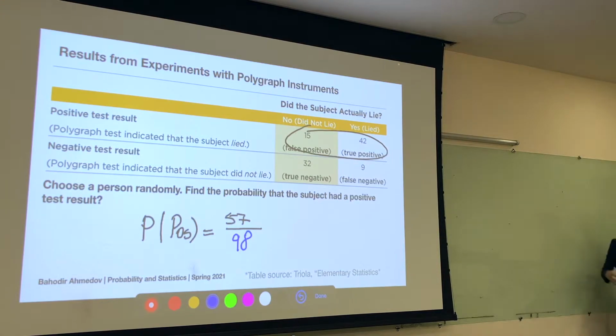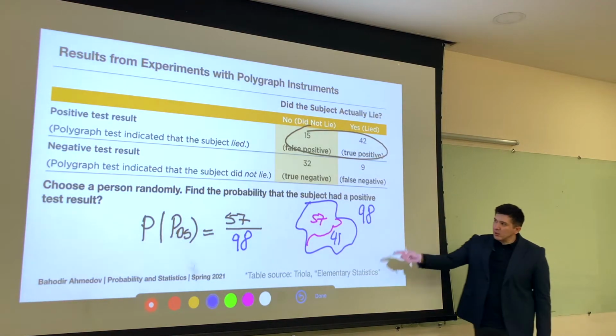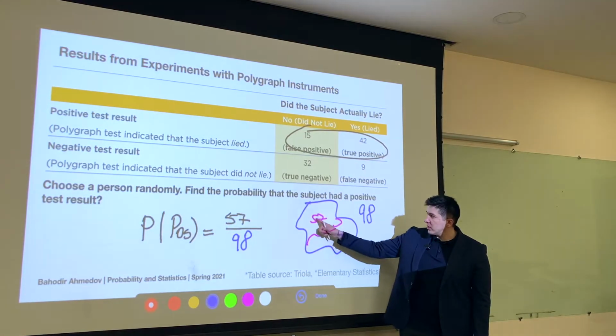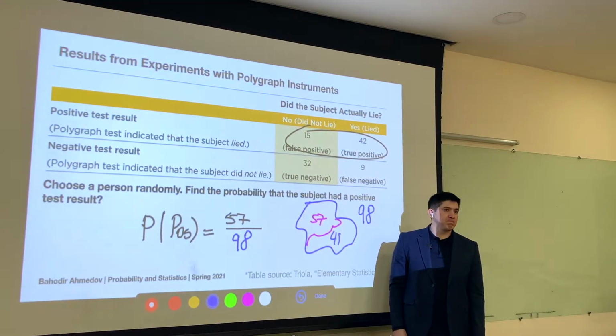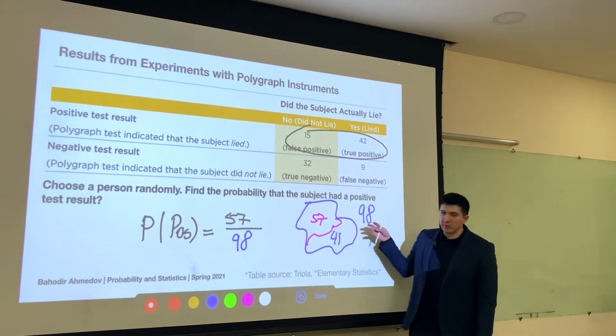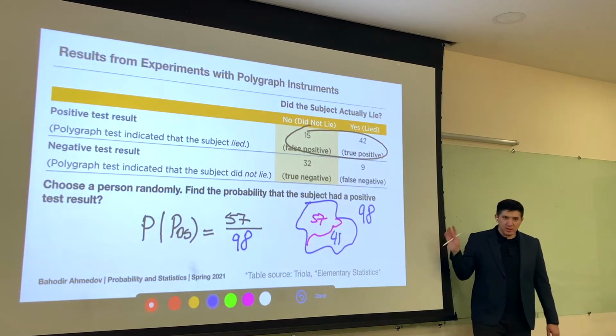So there are 98 persons who passed through this polygraph test in total, and 57 of them had this test positively, and the remaining 41 had this test negatively. If you choose one person, what is the probability that he's going to be from this part? Obviously 57 over 98. Do you understand this?